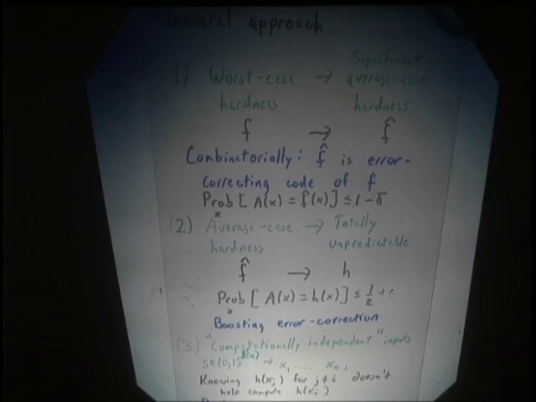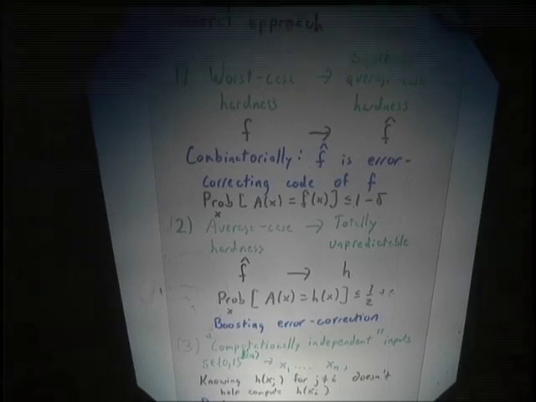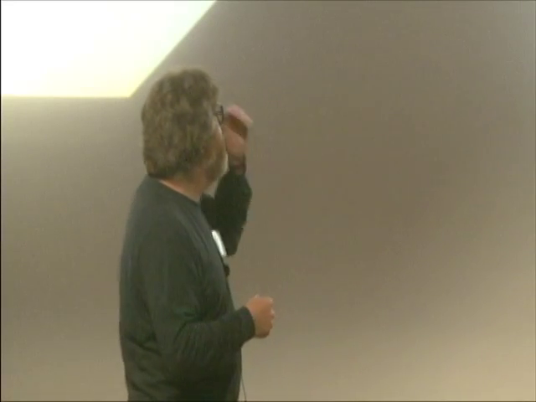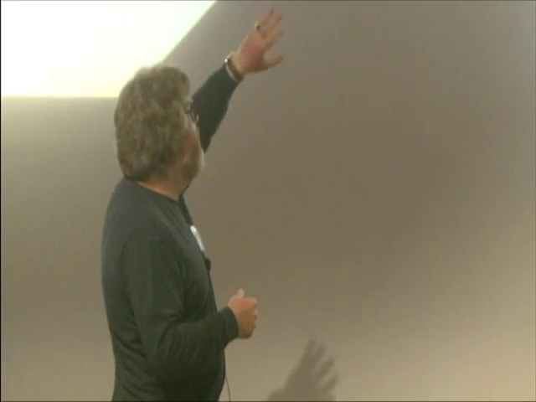The first step is we go from worst case hardness of a function to significant average case hardness. Our original assumption is just that we can't have a circuit that's right all the time. Then we'll get another function where you can't have a circuit that's right, say, 99% of the time. So there's a good probability, polynomial probability, that the function is hard.